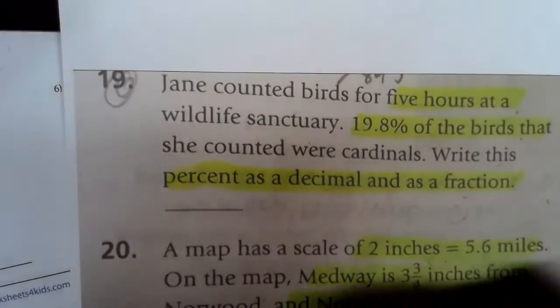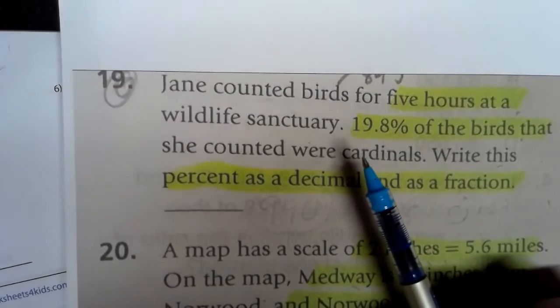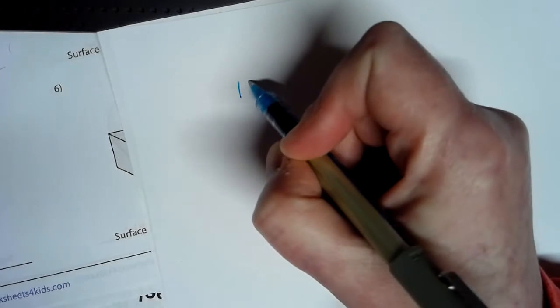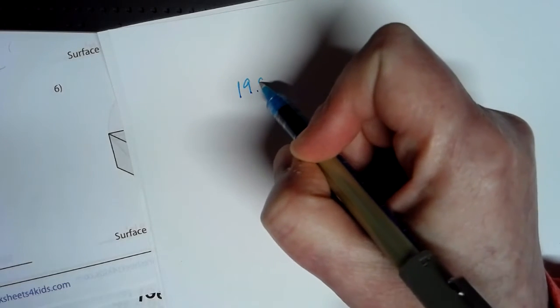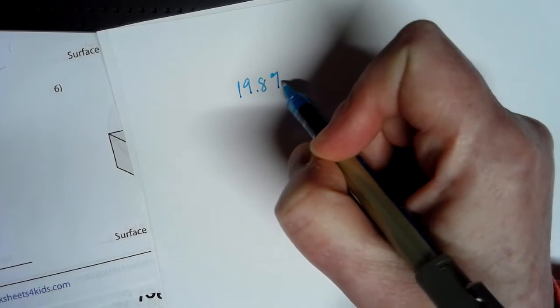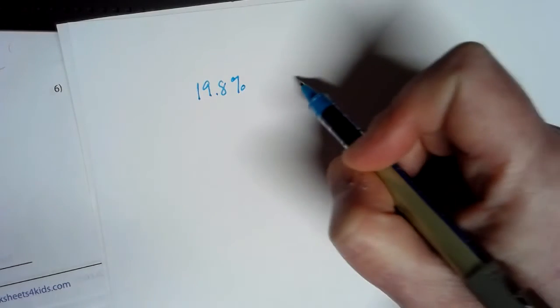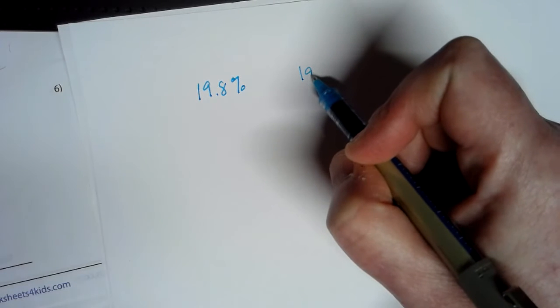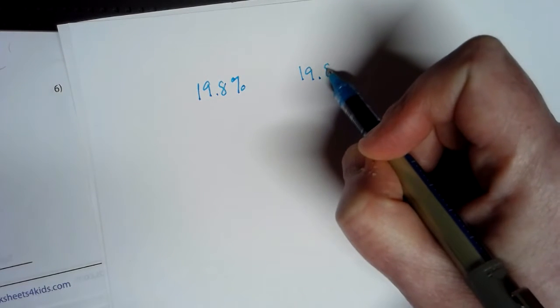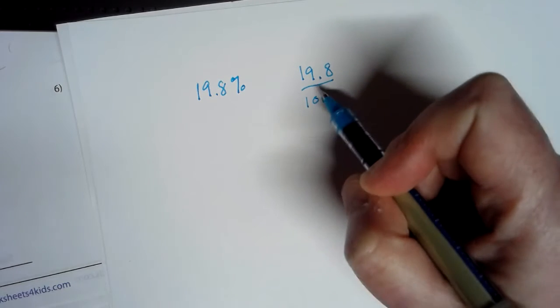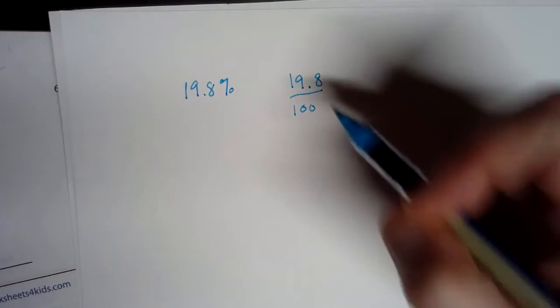All right, the first thing you're going to do is turn 19.8% into a decimal and a fraction. So 19.8%. If you want to turn that into a fraction, put it over 100. 19.8 over 100. However, you need to get rid of that decimal.